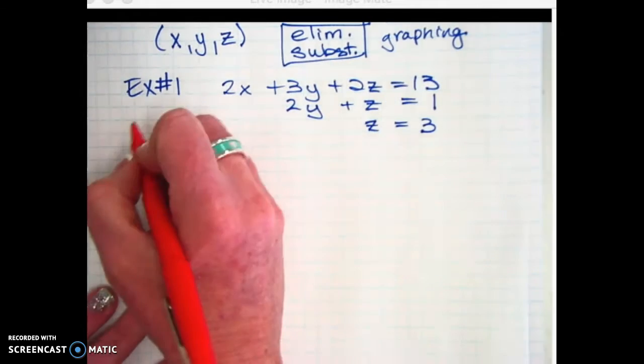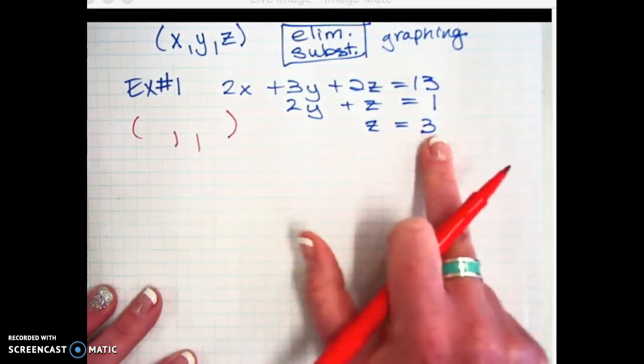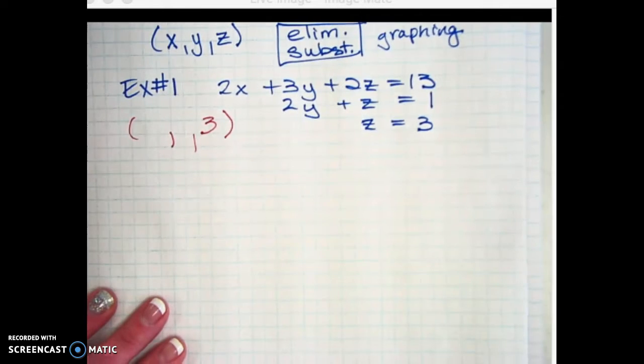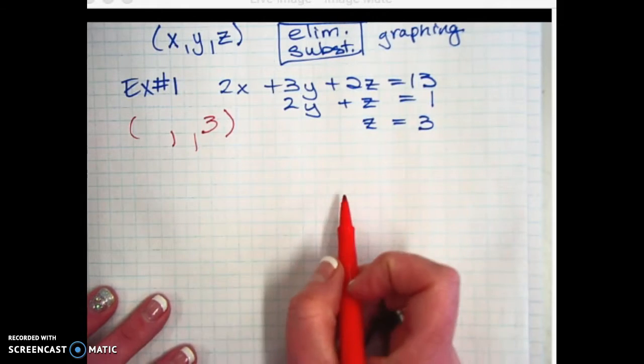So if your final answer is going to be x, y, z, z we've already got. So in the progression of these, if you get one that already has one of the equations solved for one variable, you're starting off good.